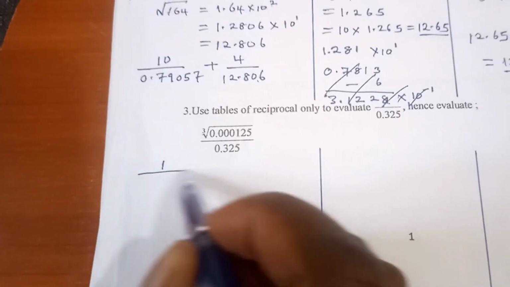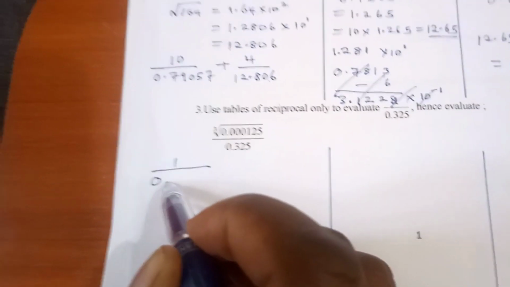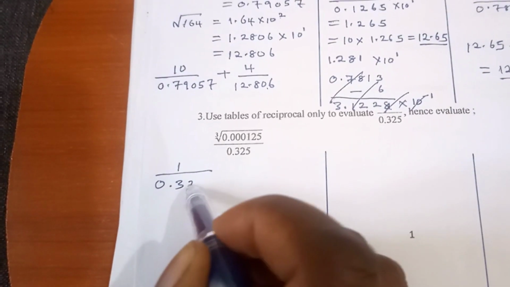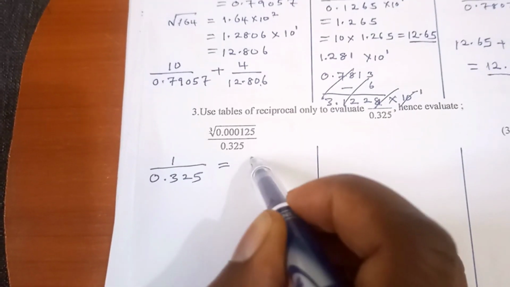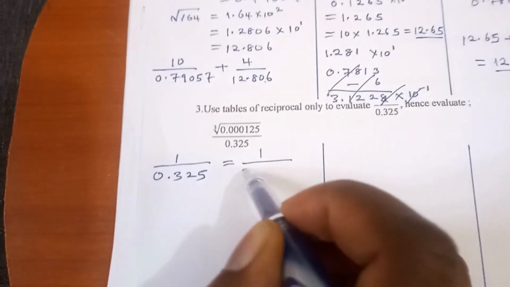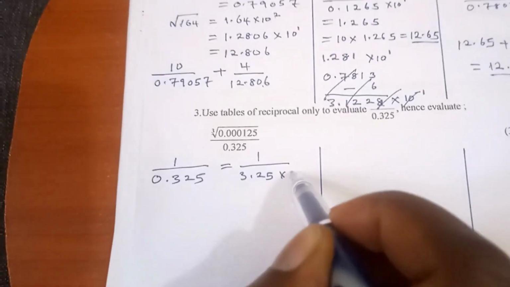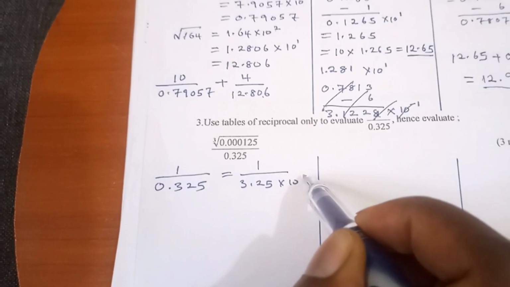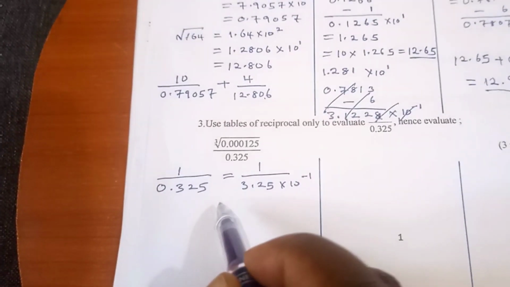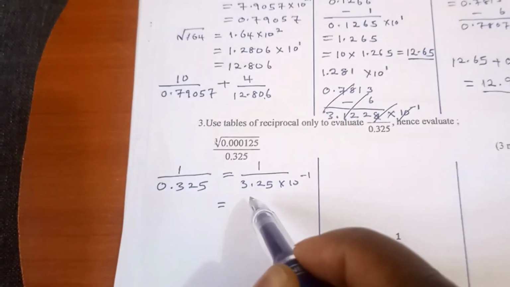So we'll first of all start by finding the reciprocal as earlier asked. So we write the number in standard form, and then we find the reciprocal from the table and from what we know from general knowledge.